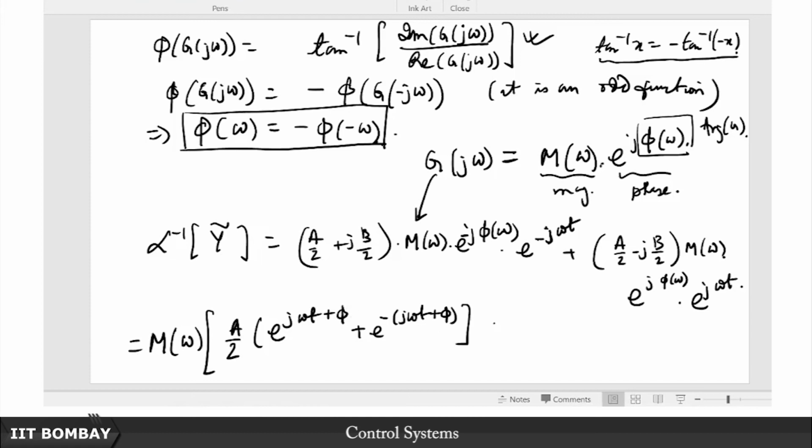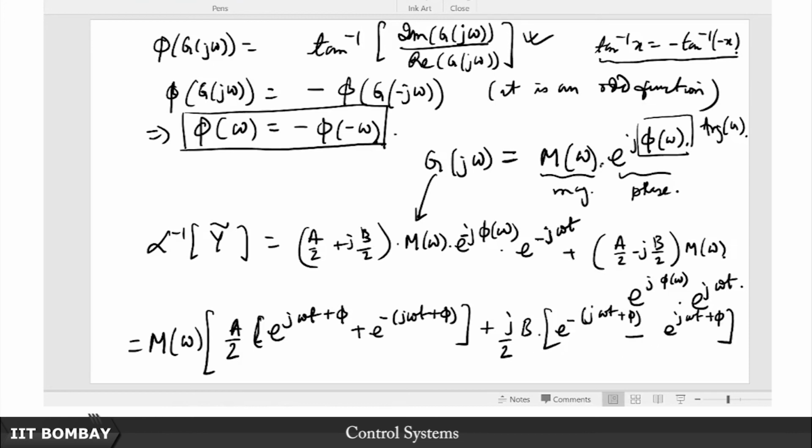And then I have of course plus jb by 2, and then I have e to the minus j omega t plus phi, because this minus and minus, I am taking the minus out common just like I did here, with a minus then e to the j omega t plus phi.